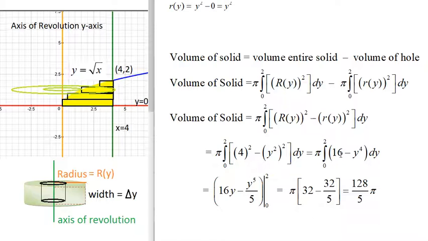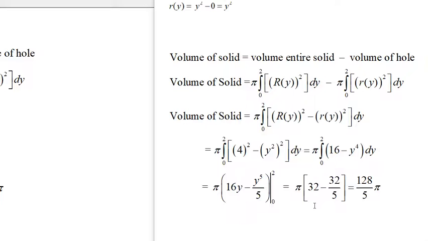Antiderivative of the constant 16 is just 16y. Antiderivative for y to the 4th is y to the 5th, divided by 5. And we'll evaluate from 0 to 2. So if we put a 2 here, we'll get 32. And if we put 2 here, we'll get 2 to the 5th, which is 32, divided by 5.